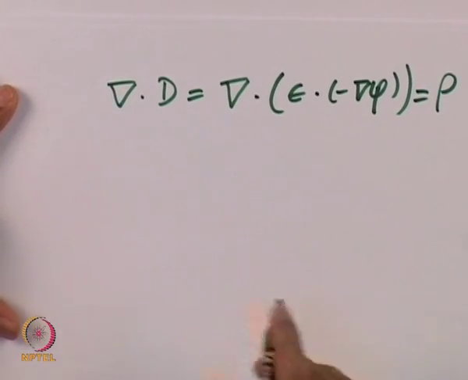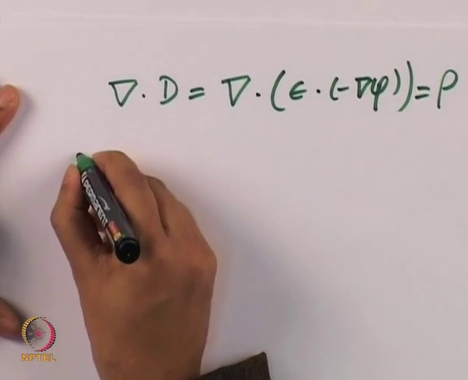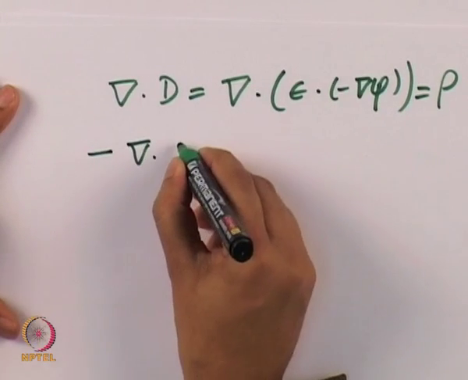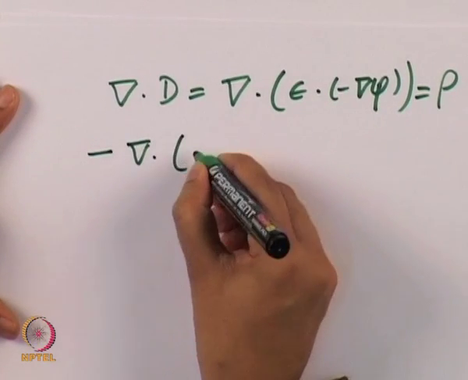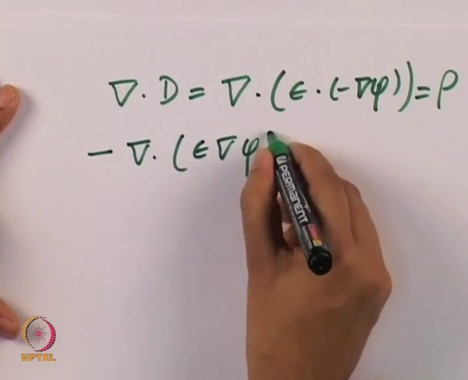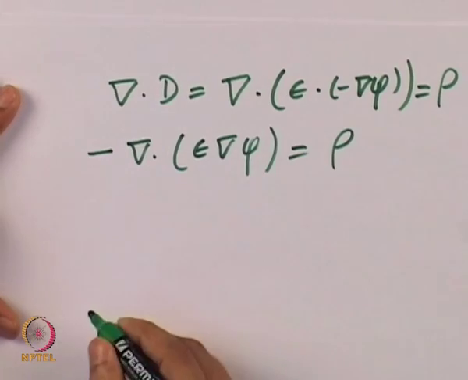I can take the minus sign out, so I will have minus divergence of epsilon gradient of phi equal to rho.